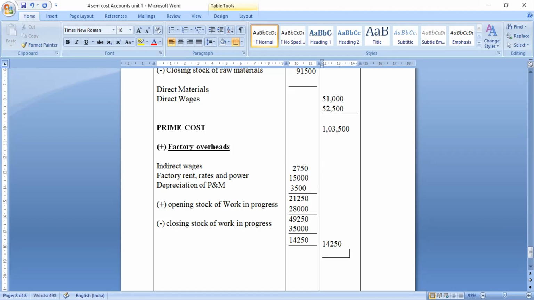So now you will add it to this prime cost. For example, now this prime cost, to this prime cost you have to add this 14,250.